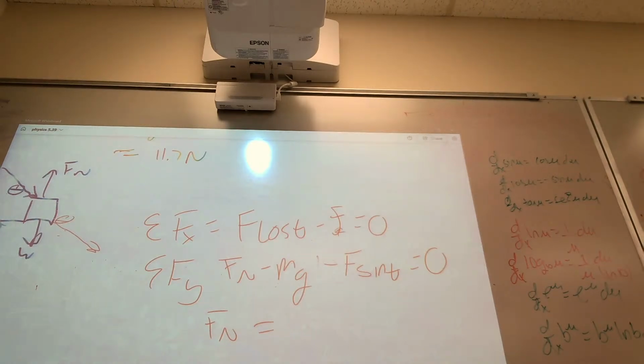So isolate that normal. Plug it in for Fk. Okay, now plug that normal force in for your Fk.